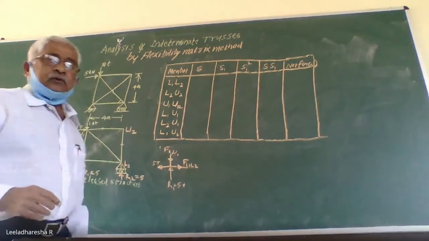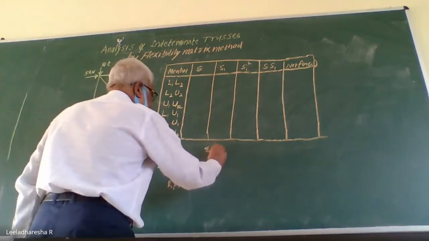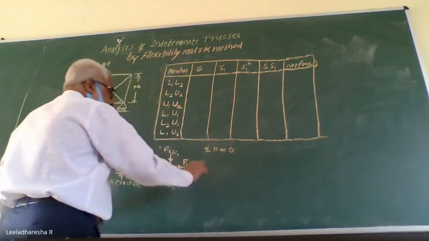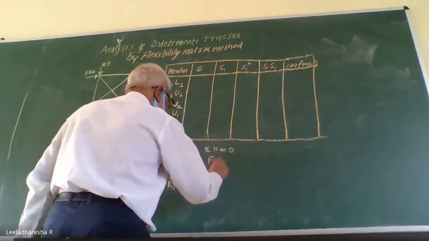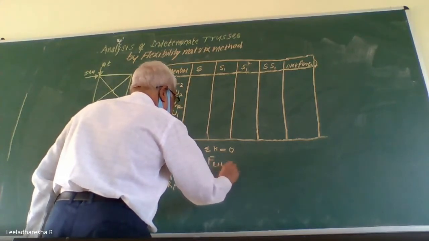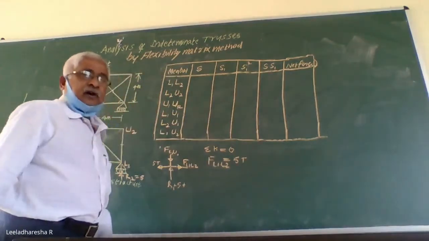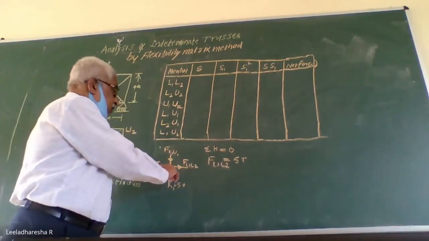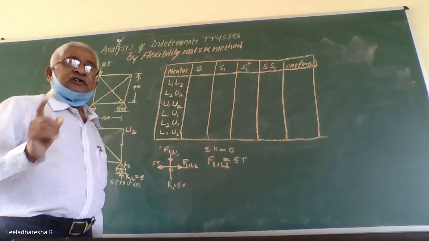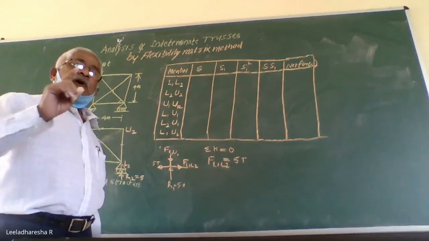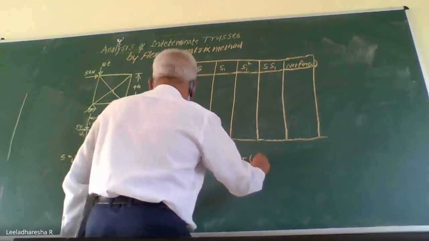Now apply the 2 conditions of equilibrium, that is sigma H equal to 0. Using sigma H equal to 0, rightward force equal to leftward force, so L1 L2 is equal to 5 tons. Is it tension or compression? See, the arrow is moving away from the joint. Always away from the joint means it is tension. It was assumed to be tension, and also we got positive 5 ton, that is tensile force.